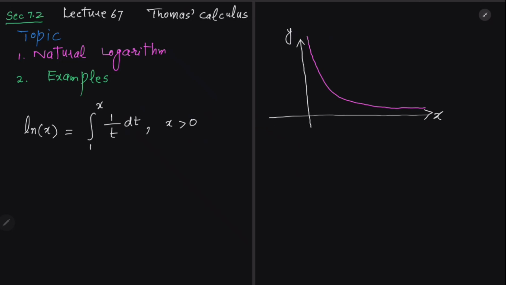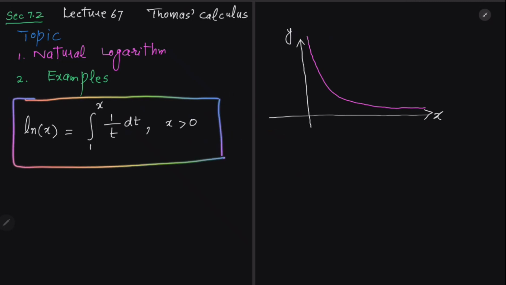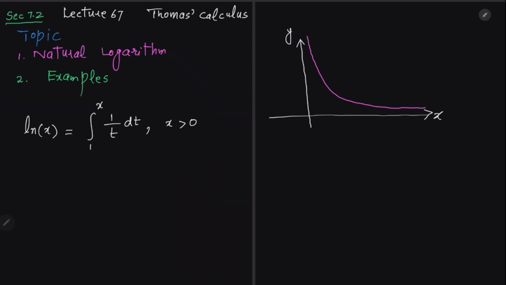Okay, let me just see some properties of this definition. I just want to find out the values of x where it has different answers. The first thing we notice is that when I put x equal to 1 over here, natural log of 1 is equal to the integral from 1 to 1 of 1 over t dt, which is equal to 0.